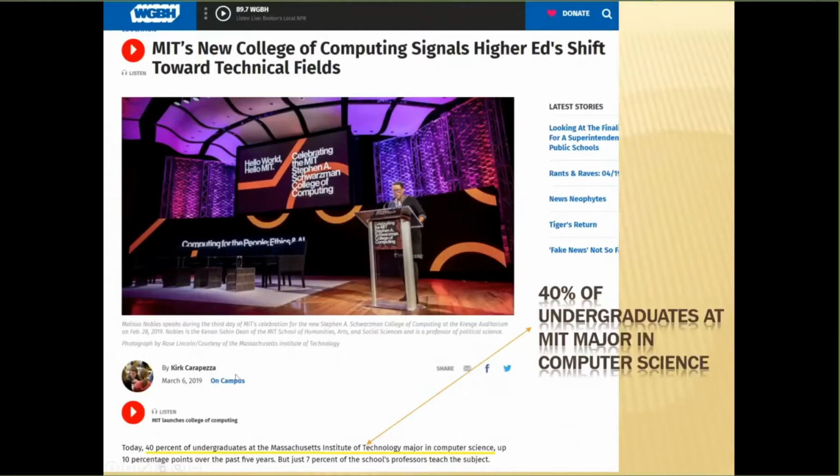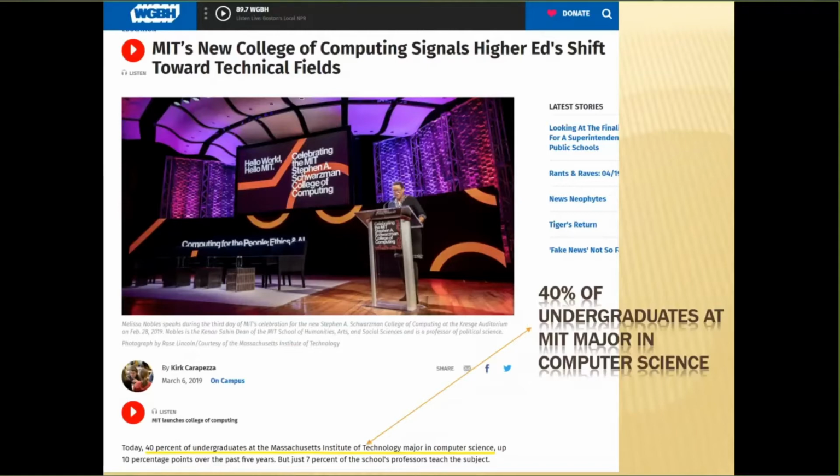Now, talking about the growing of computer science majors. This article was published on March 6, 2019. If you look down there, it says the number of MIT majors in computer science now is 40%. So if you walk on the MIT campus, almost 1 out of 2 people you see are computer science majors. 40% of all the enrollment is in computer science.